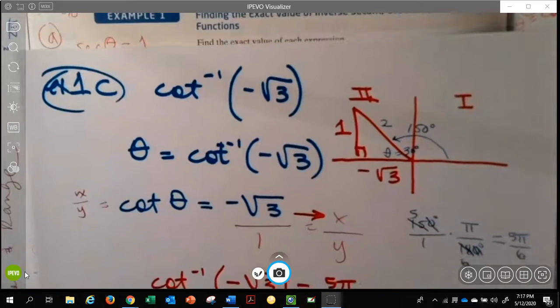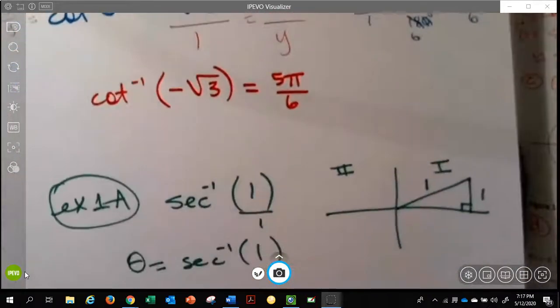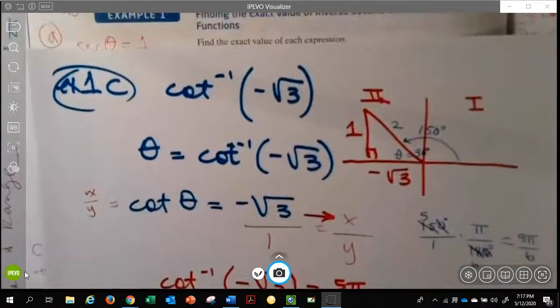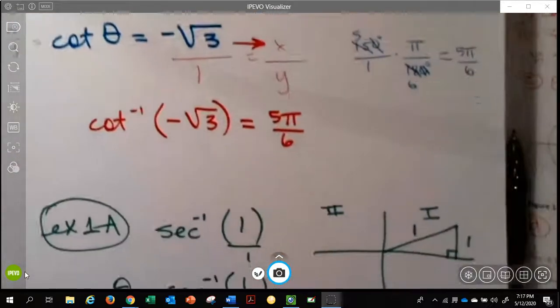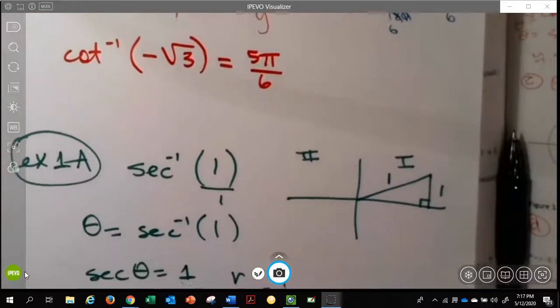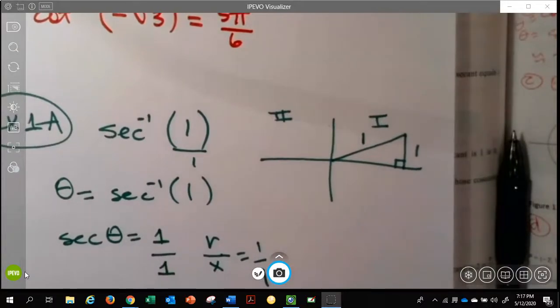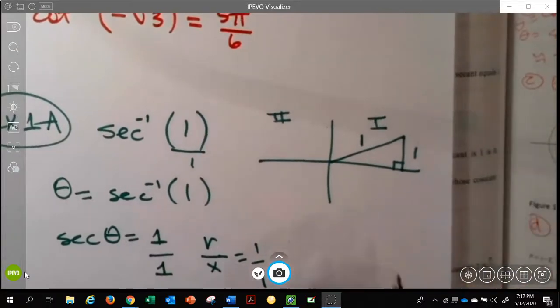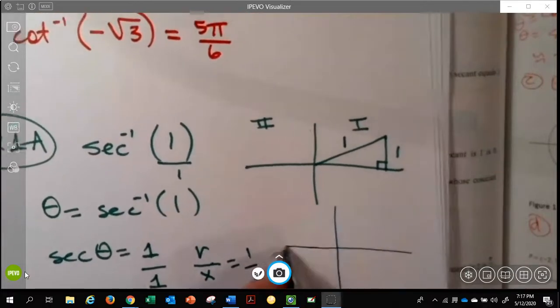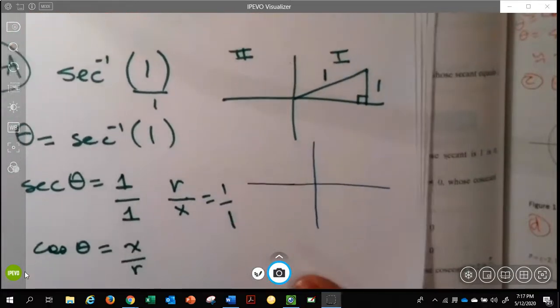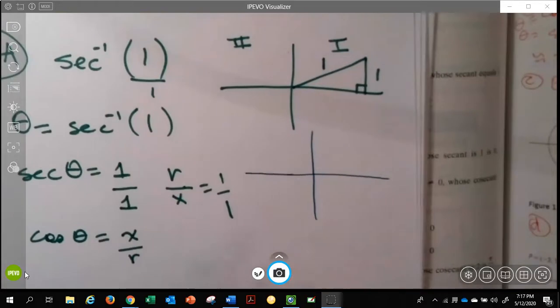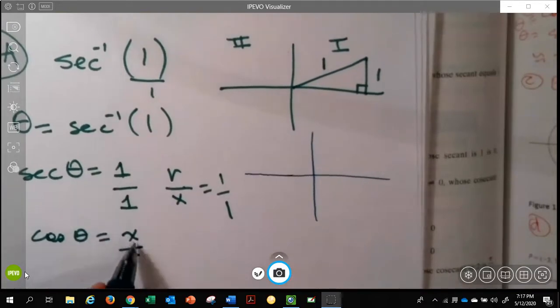So this is great to use, but you've got to realize when it's not going to land inside a quadrant, it's going to land on the axes. This one's a quadrantal. The ones, negative ones, and zeros need to make you extremely suspicious that we're landing on a quadrantal.